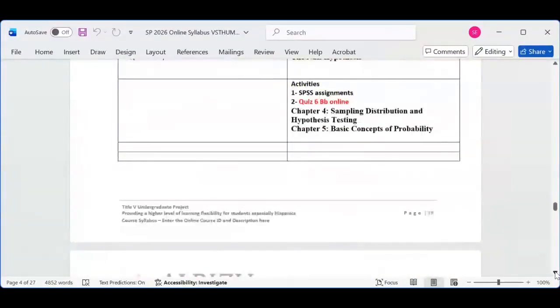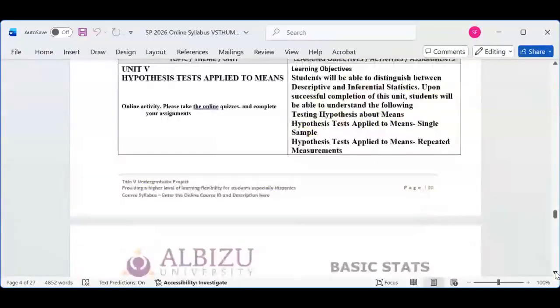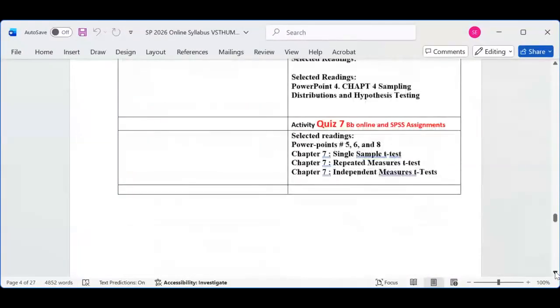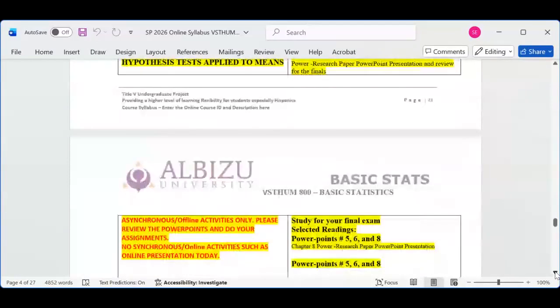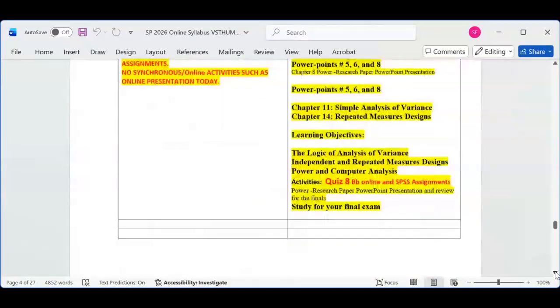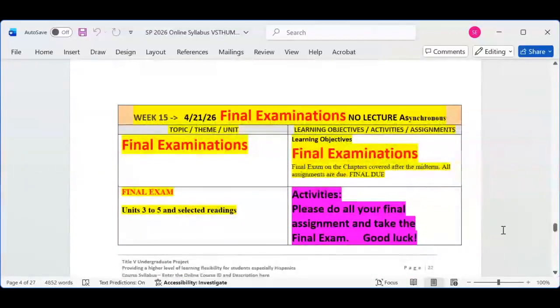And then again, after you're done with your second half of the semester quizzes and assignments, on week 15, you will have the final exam. And that's pretty much it.